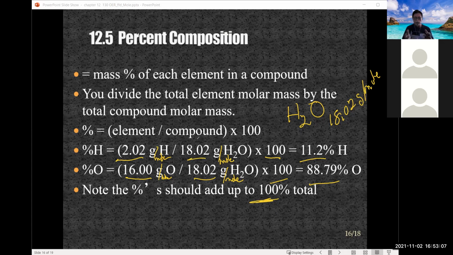So when it comes to percent composition, the general rule of thumb is just keep it to 2 decimal places, because the atomic weights on our periodic table are given to 2 decimal places. Not concerned about sig figs when it comes to percent composition.